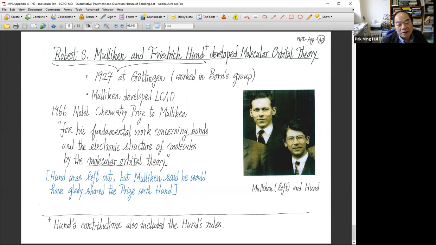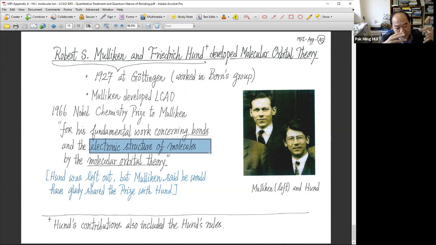Among the three of them, Mulliken got the Nobel Prize in chemistry, 1966, and the citation of the Nobel Prize reads, for his fundamental work concerning bonds, that's what we discussed, and the electronic structure of molecules, that's what we discussed.